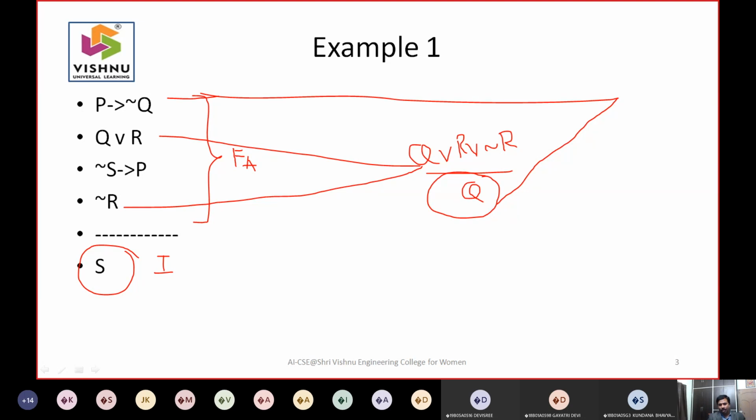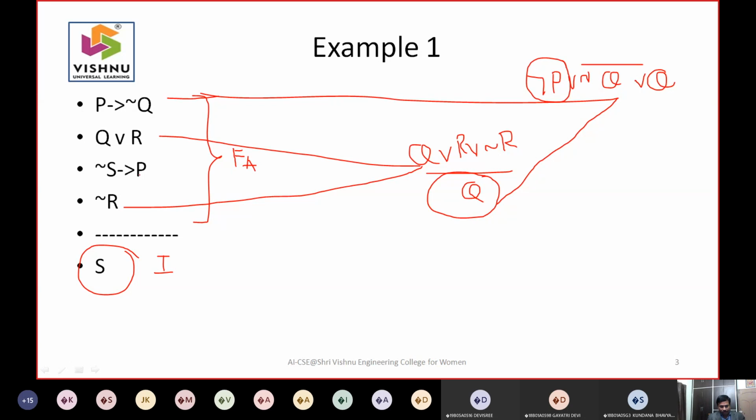Again, you can write R here, negation of P, R, negation of Q, and you have a Q here. So this goes and what will remain is negation of P.